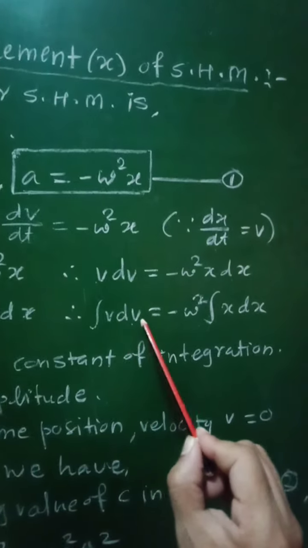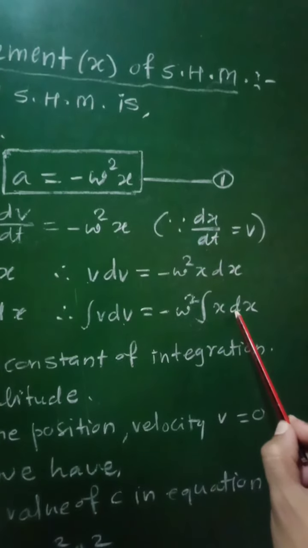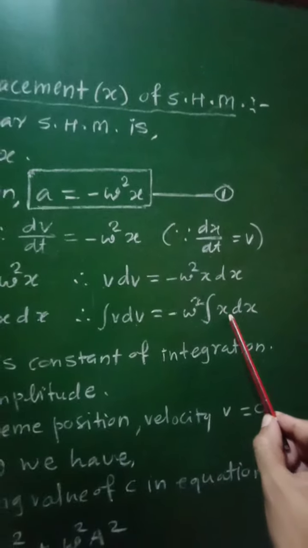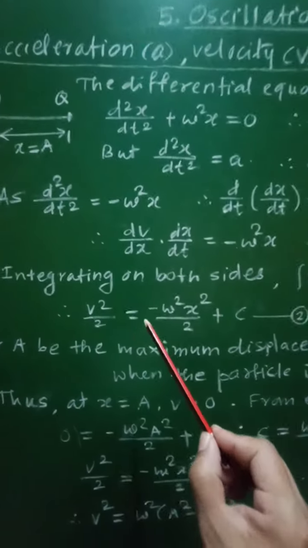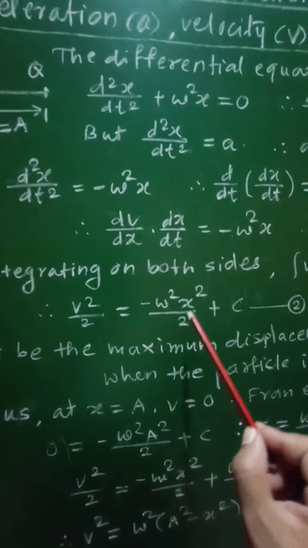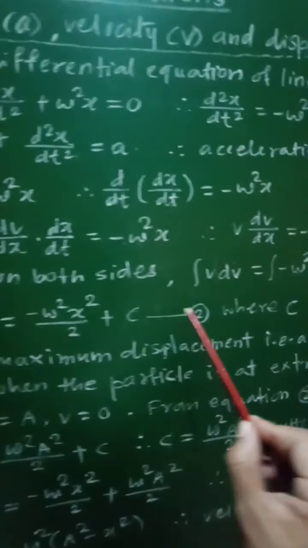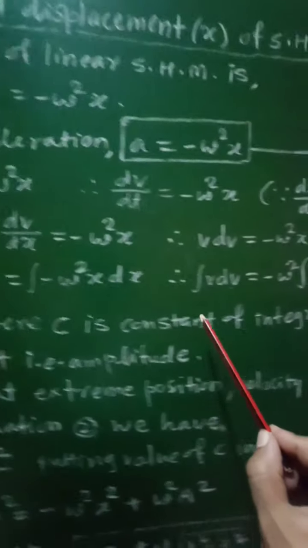But integration v dv is v square by 2 and integration x dx is x square by 2, therefore we can write v square by 2 equal to minus omega square x square by 2 plus c, equation number 2, where c is the constant of integration.